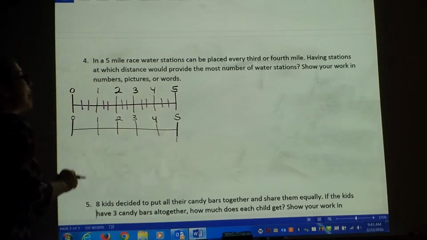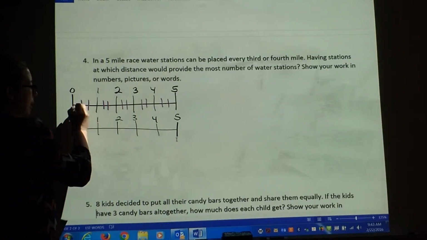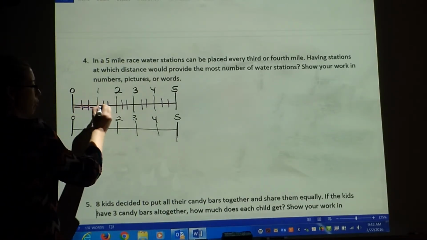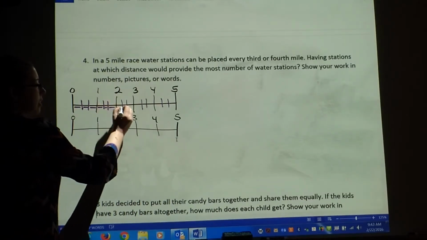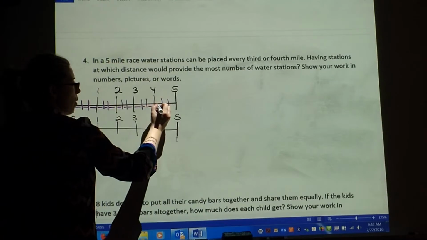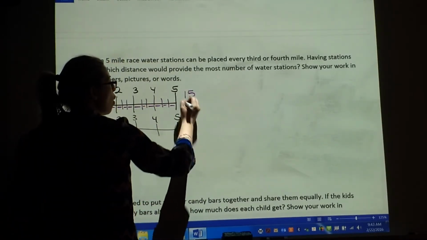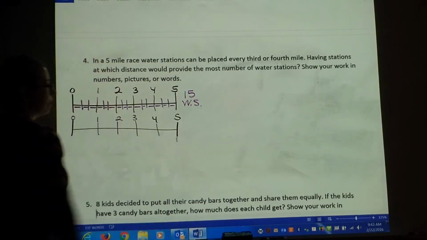Now, if I do that, how many water stations are there going to be? Well, 1, 2, 3, 4, 5, 6, 7, 8, 9, 10, 11, 12, 13, 14, 15. There will be 15 water stations.